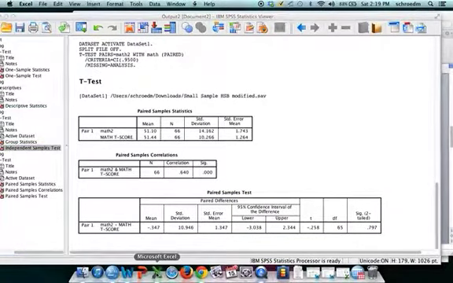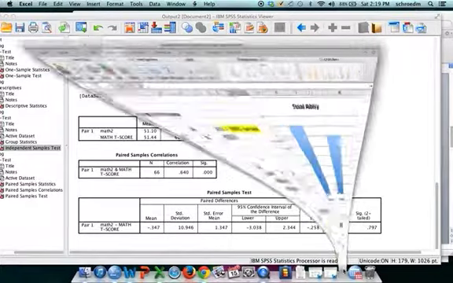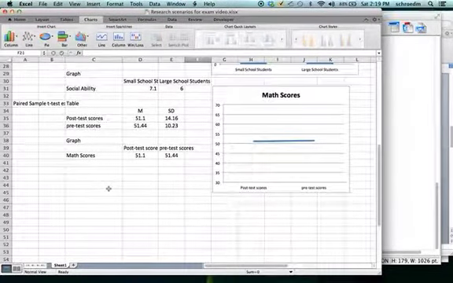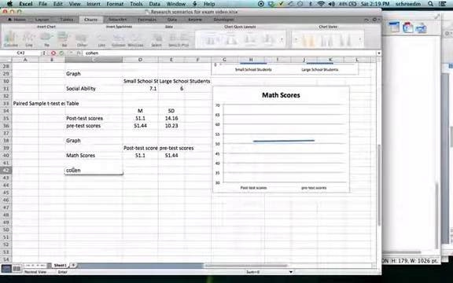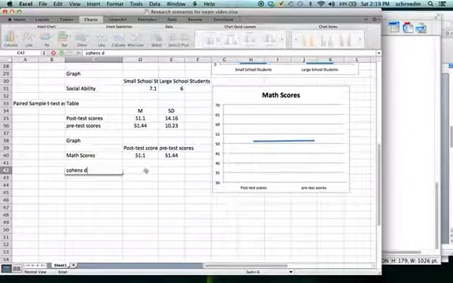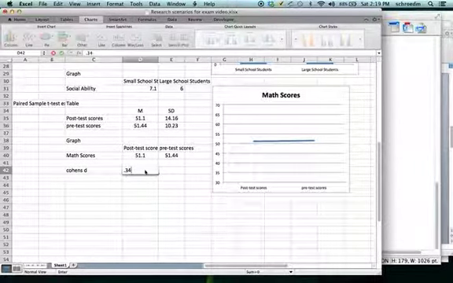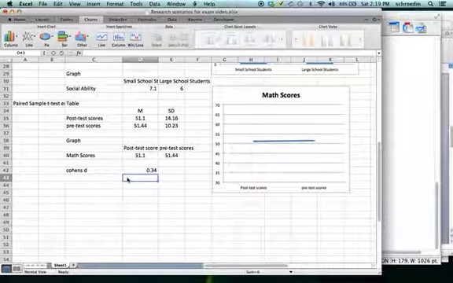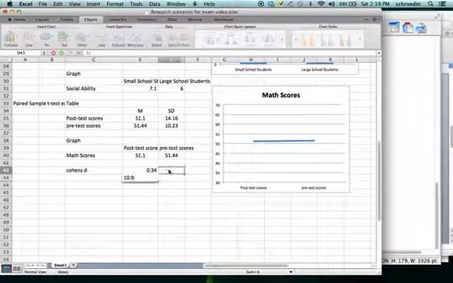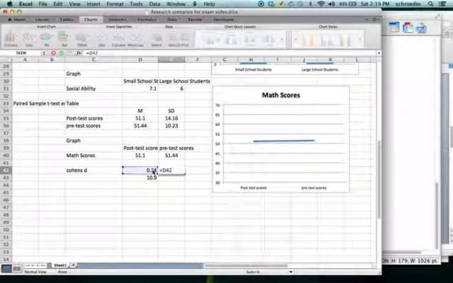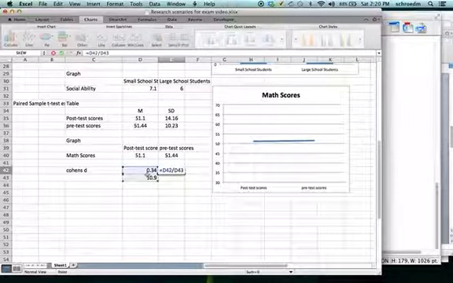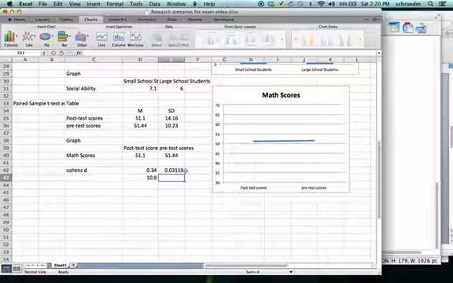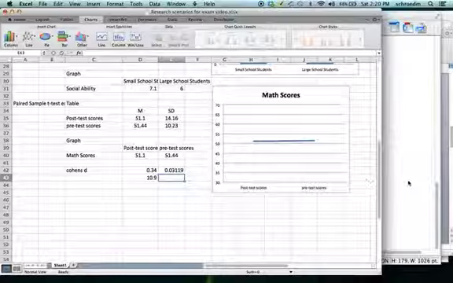And if I go back to Excel and put that in for this one, Cohen's d, right, 0.34 roughly, 10.9 roughly, Cohen's d equals this divided by this. Gives me a Cohen's d of 0.03.